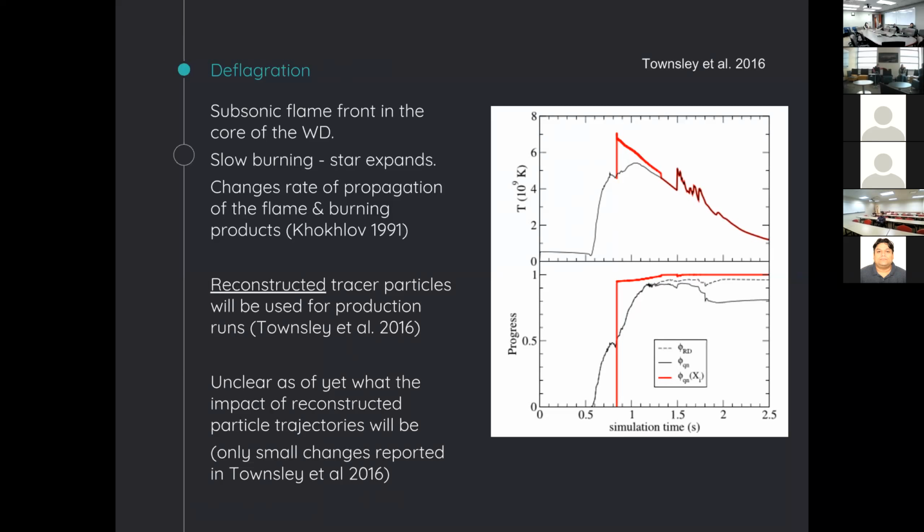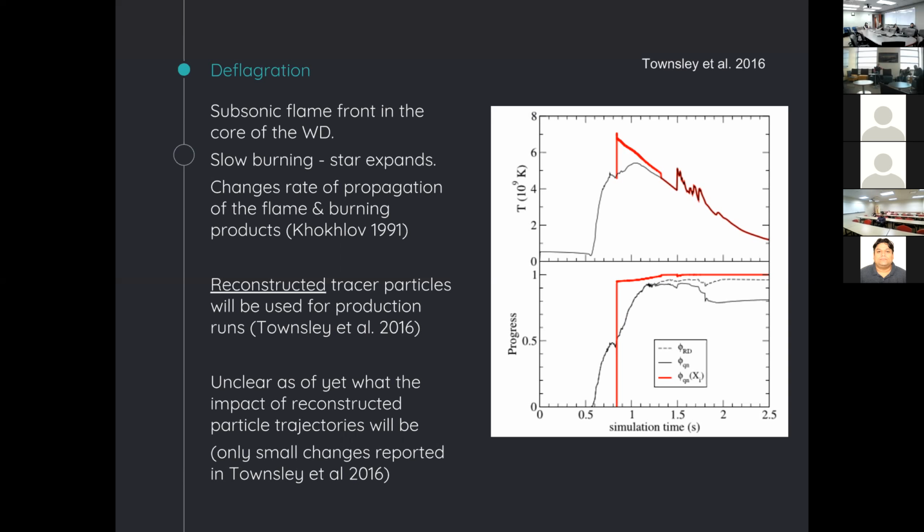And so on this plot, you can see that the red lines are the reconstructed tracer particle trajectories, which extracts the correct thermodynamic trajectories for a particle. It's unclear as of yet what the impact is between reconstructed and non-reconstructed trajectories. So in Townsley et al. 2016, there are small changes to the abundances, but this was not a full post-processing code.